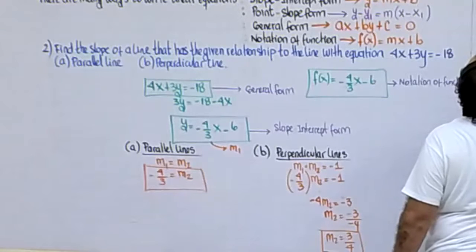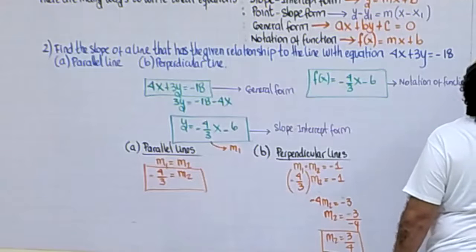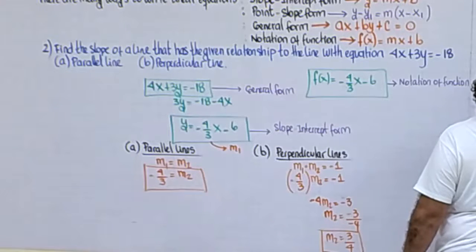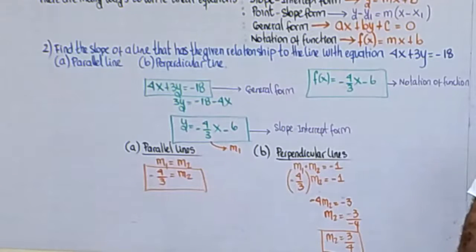Example number 2 says: find an equation of a line that passes through the points (5,2) and (3,4).